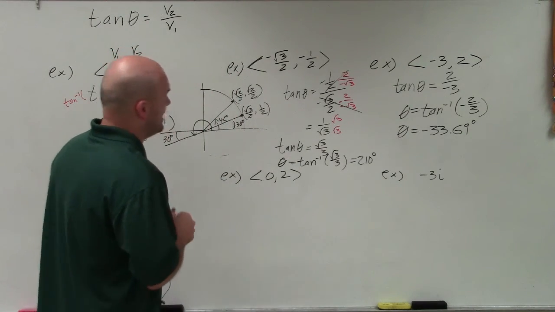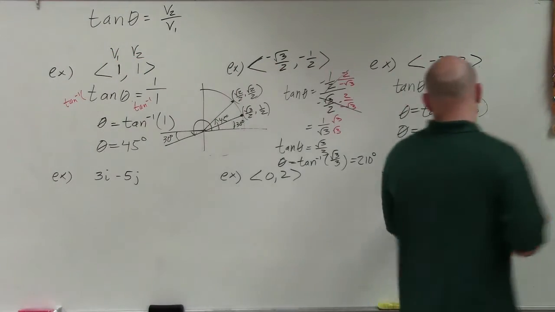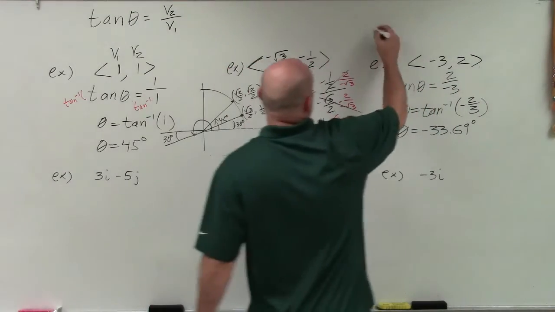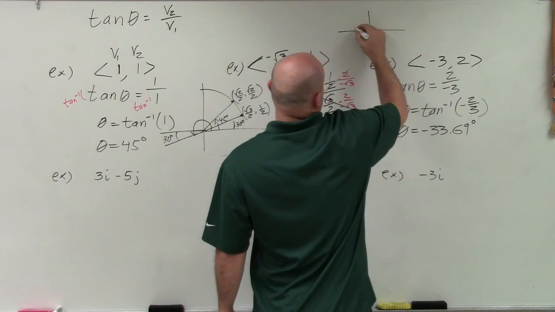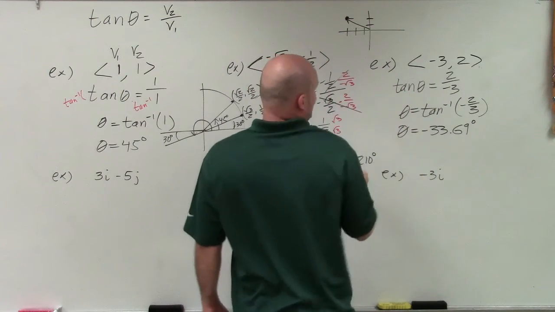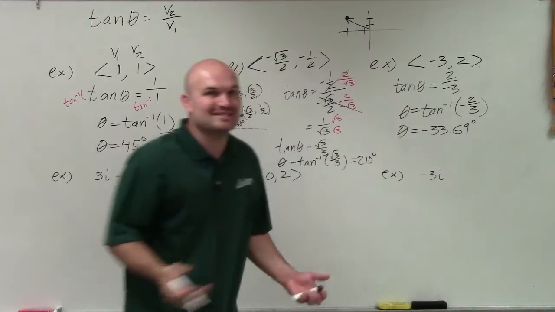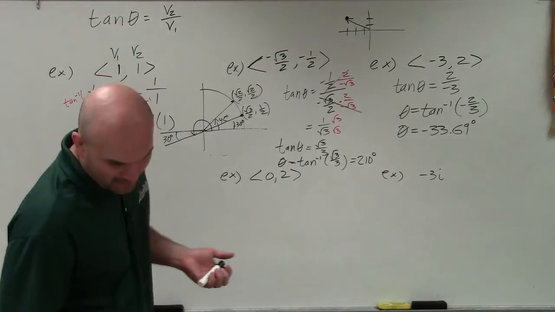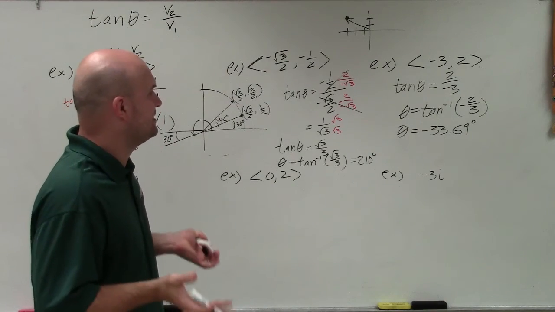All right. If you look at this, you say, well, negative 33.69, that's not in the second quadrant, right? If you were to sketch this vector, negative 3, 1, 2, 3, positive 2, that's not negative 33.69 degrees. We have an issue here. So how do we make sense of this?